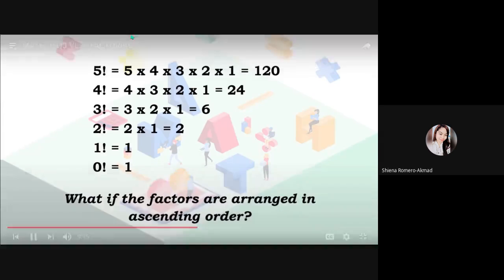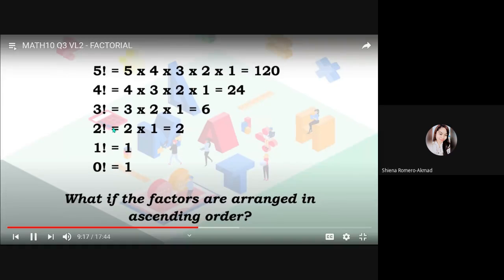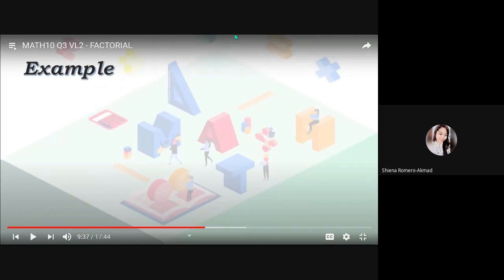And as you can see, narinig niyo ba? The factors are arranged in decreasing order. But what if the factors are arranged in ascending order? Yes, the answer is still the same. Whether it is arranged in decreasing or ascending order, the answer is still the same because multiplication is commutative. Narinig niyo yung video? Anong sabi sa video?